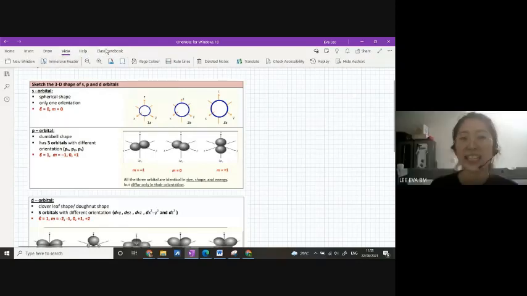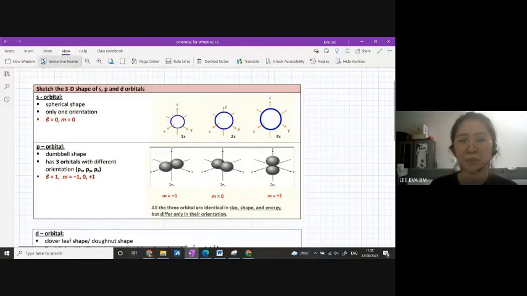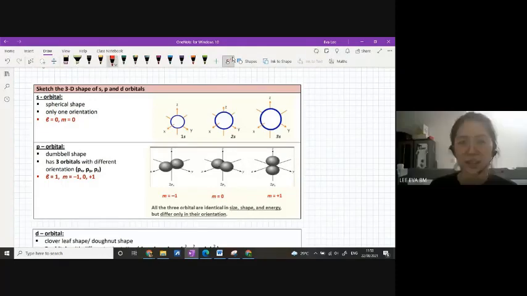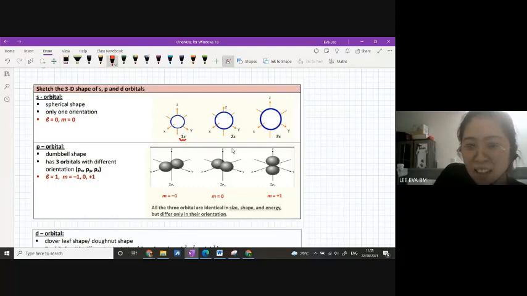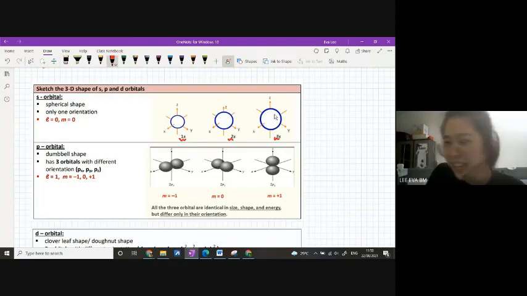And size represent by what? N. Yes, the value of your N. So N indicate the size. So the higher the value of N, the bigger is the size. So kalau dapat S, memang senang lah. 1S, 2S, 3S, 4S, 5S semua nampak sama. Cuma size dia berbeza.